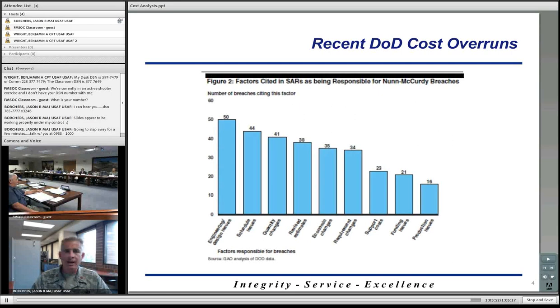So we're trying to come up with the accurate cost up front so that Congress and other DoD leadership can determine whether they actually want to fund a program or not, knowing how much it's going to cost. If we start getting it right up front, ultimately that should lead to less problems down the road, aka less non-McCurdy breaches, whether it be for schedule issues or cost issues.